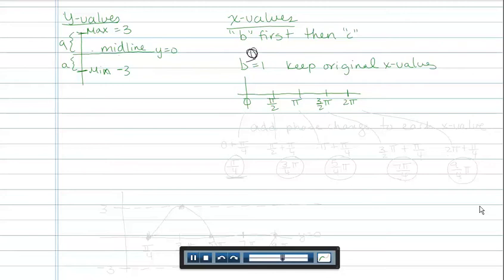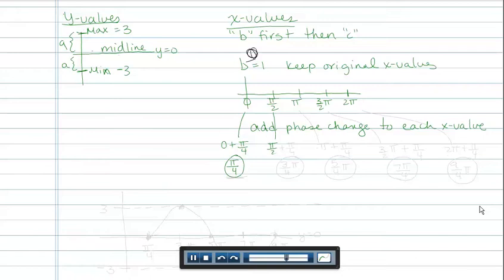And for C, you need to add the phase change to each x value. Okay. So to each of the numbers you have to add pi over 4. So 0 plus pi over 4 is pi over 4.